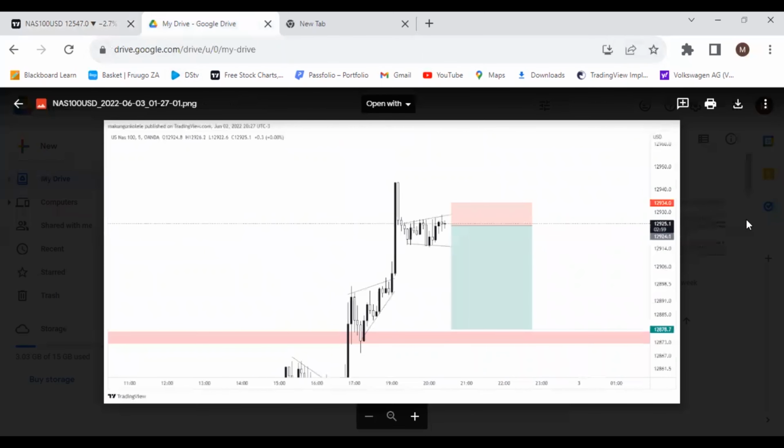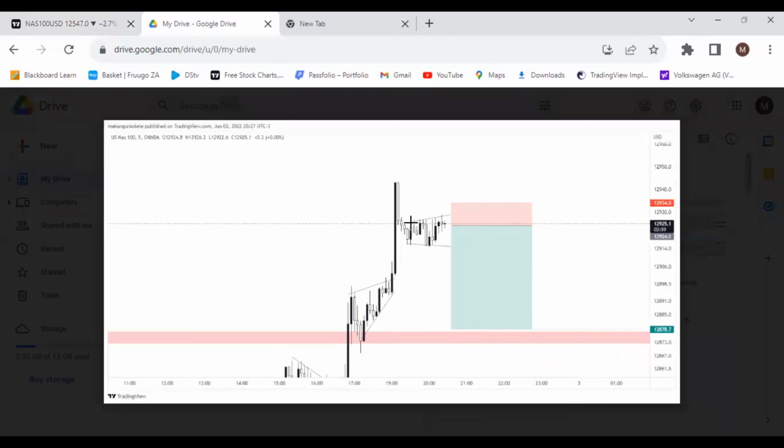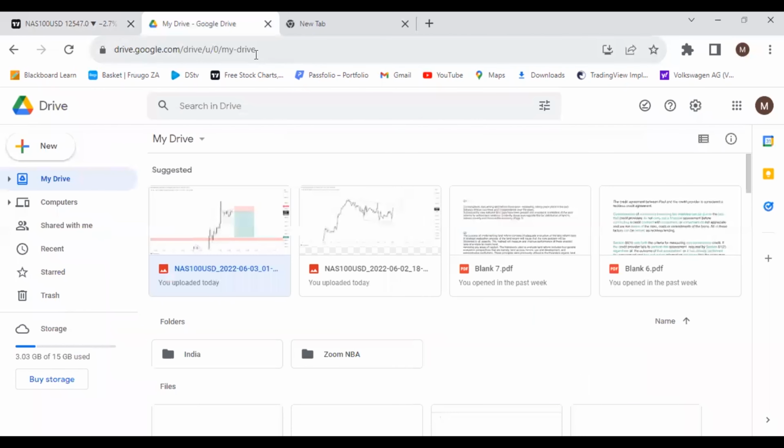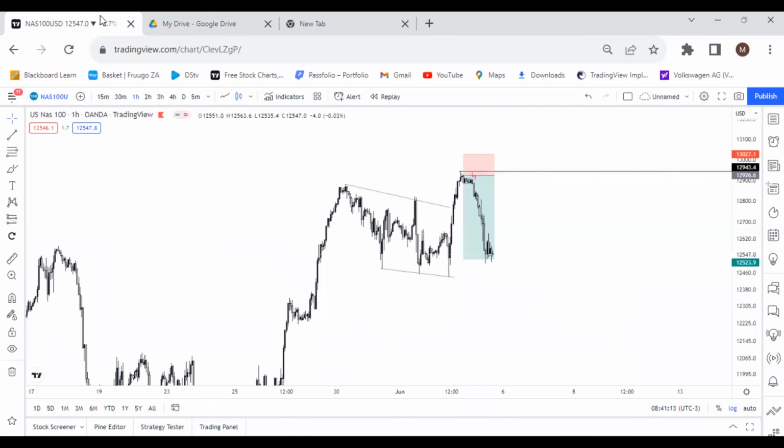Remember that with Nasdaq, you can use these corrections from as little as the 5-minute time frame. But with currencies, you can't really scalp those small time frames, such as the 5-minute. You really need to wait for the bigger time frames to form these corrections. So that is it for today's session.